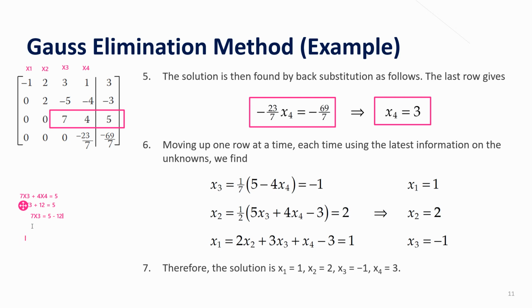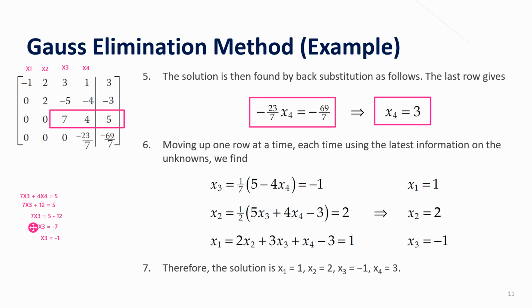Okay, so 7 multiplied by x3 will be equal to minus 7, then x3 will be equal to... sorry, wait, this is wrong. Yeah, this is correct, -1, right?